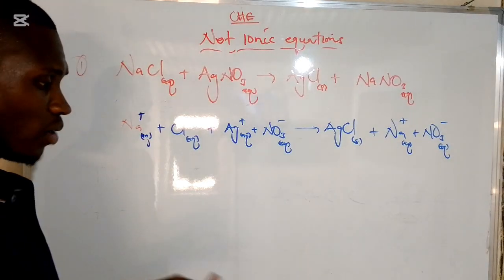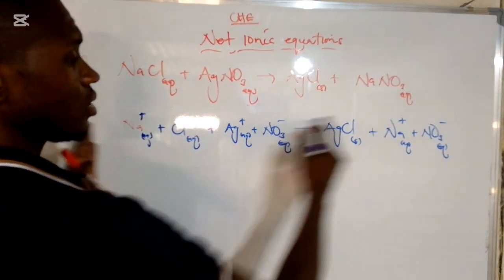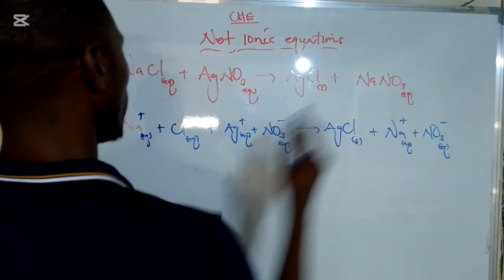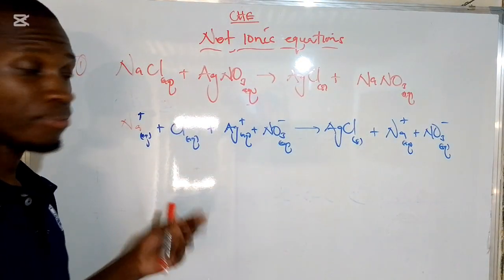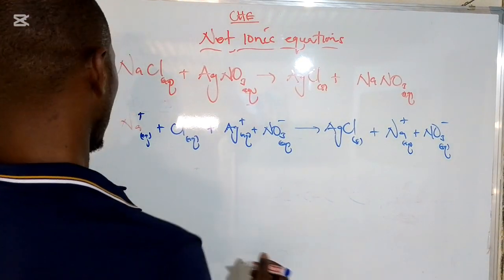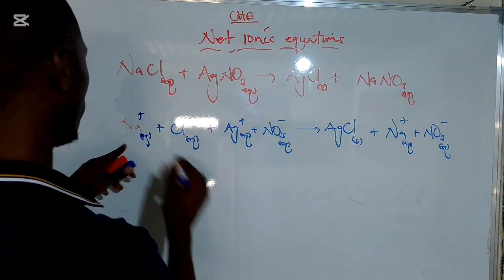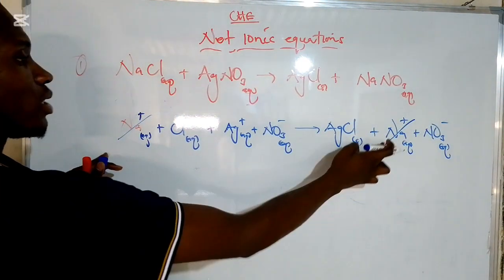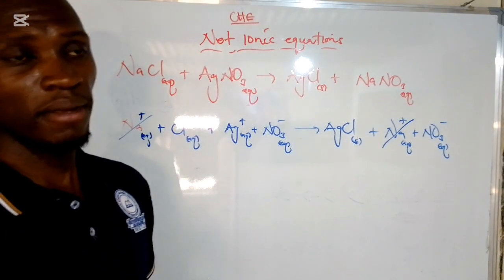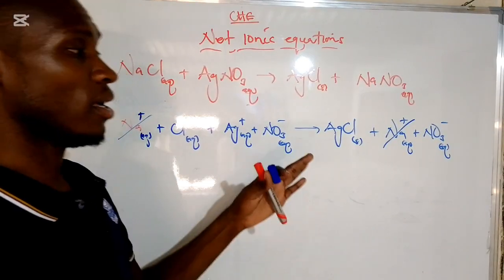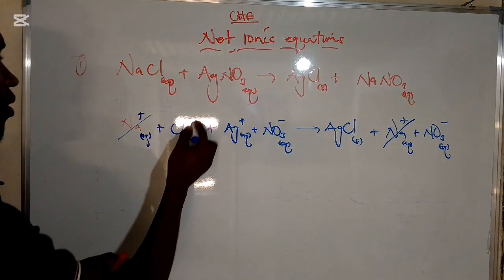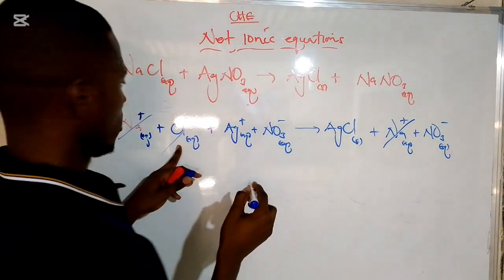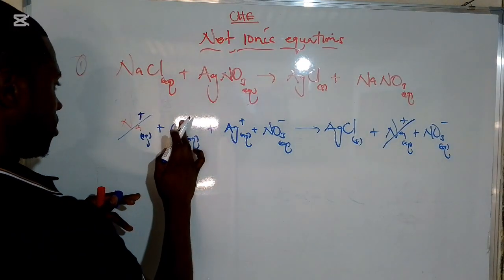Then I'm going to counter check what is found on this side and on this side. Then we cancel them. Here you have sodium, here you have sodium, so you cancel it. Sodium and sodium are spectator ions that are not taking part in the chemical reaction. Then what about chlorine?